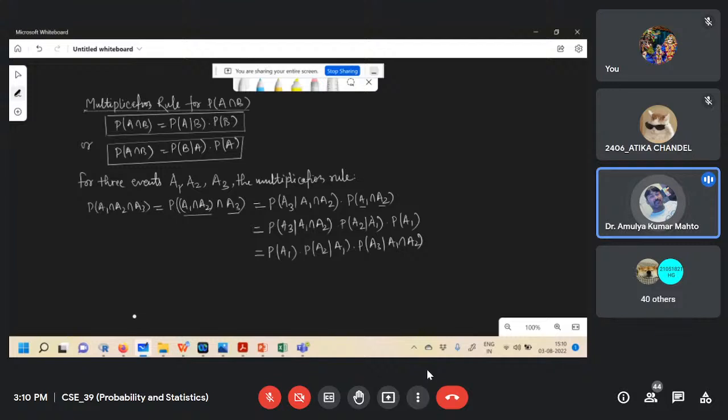Both of these events are given. Similarly, you can generalize this for any number of events: suppose you have 4 events, 5 events, or more. You can easily generalize it.